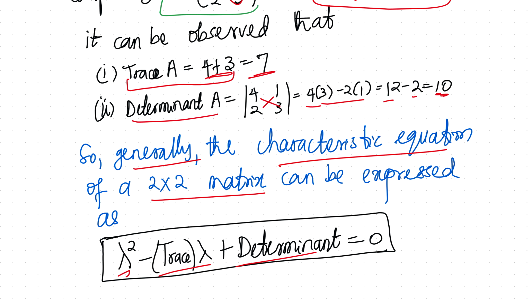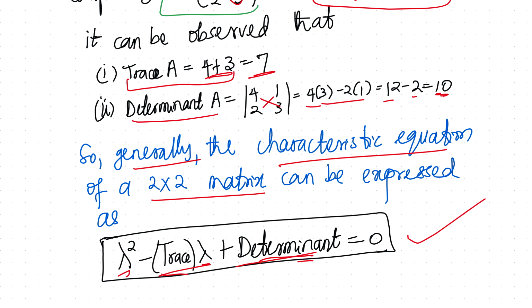So if you see a matrix, you don't have to start subtracting or doing anything. Just find the trace, find the determinant, and then you can get your characteristic equation. We want to practicalize that here.